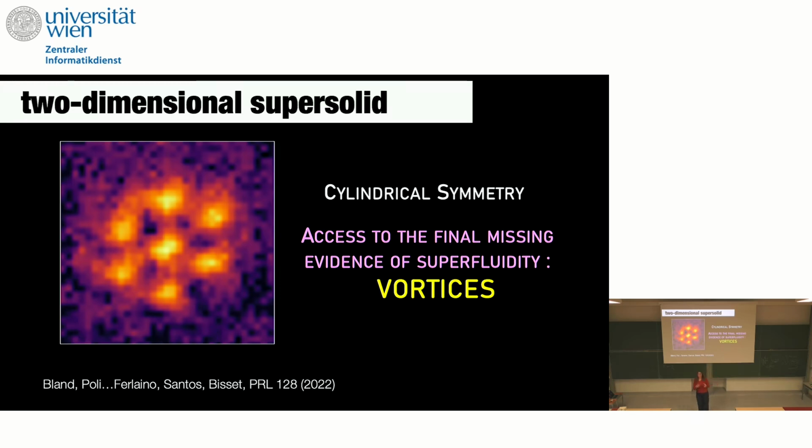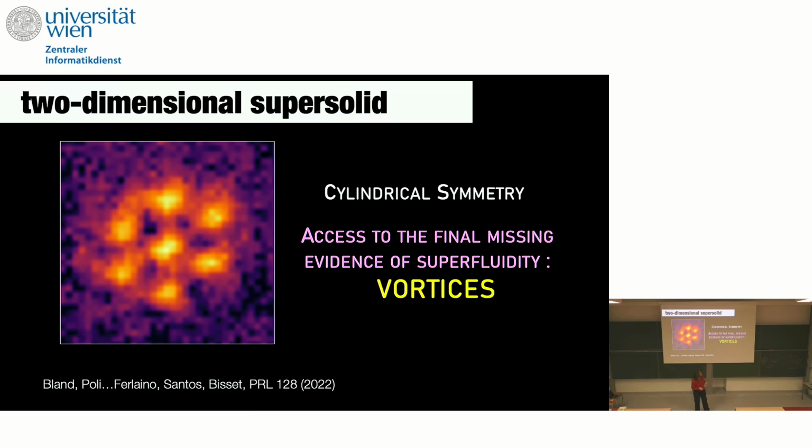Okay. So then what we wanted to do, this is a 3-dimensional gas, we wanted to learn how to rotate this gas. This was the really next level of complexity in the experiment, how to rotate this gas very precisely without destroying this very fragile supersolid phase.